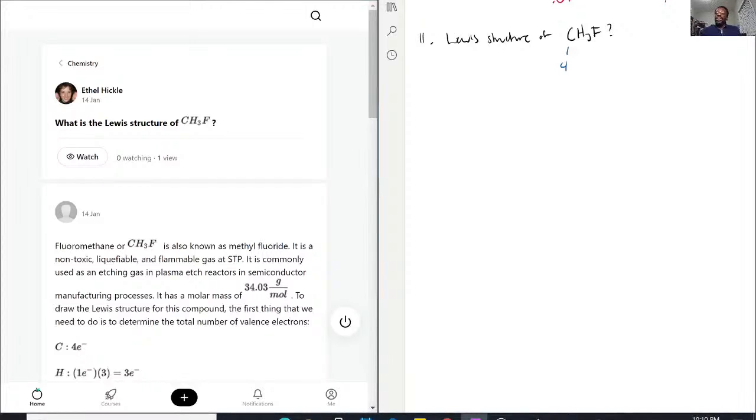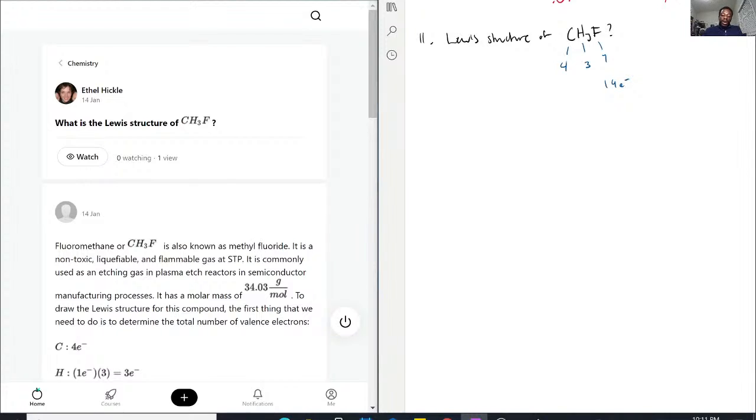Hydrogen being on the first column is going to be 1 each, so that'll be 3 in total. And fluorine, here's the biggest one, it's going to now be 7 electrons, considering that it's on the 17th column of the periodic table. So we have 4 plus 3 plus 7. We have 14 electrons that we're working with total.